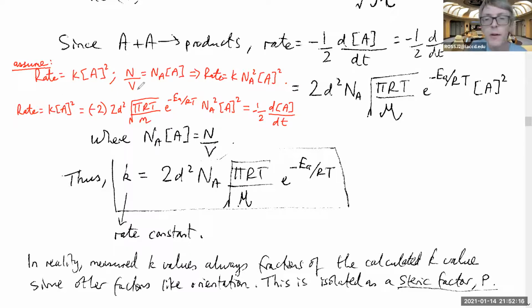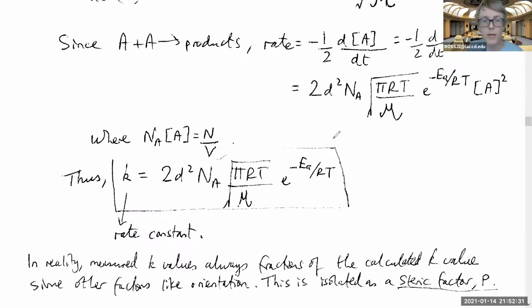I think I'll insert a slide, because I don't have a lot of space and I can't see what I've written, and I keep having to erase it because of the technology. So I'll come back to that in a second, because it's not clear. But until I do, trust for now that the rate constant k is going to be given by this expression here.